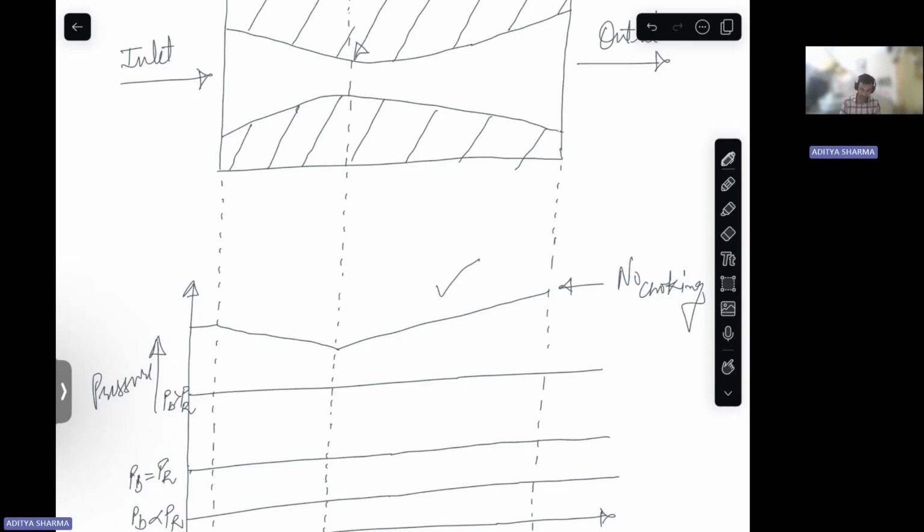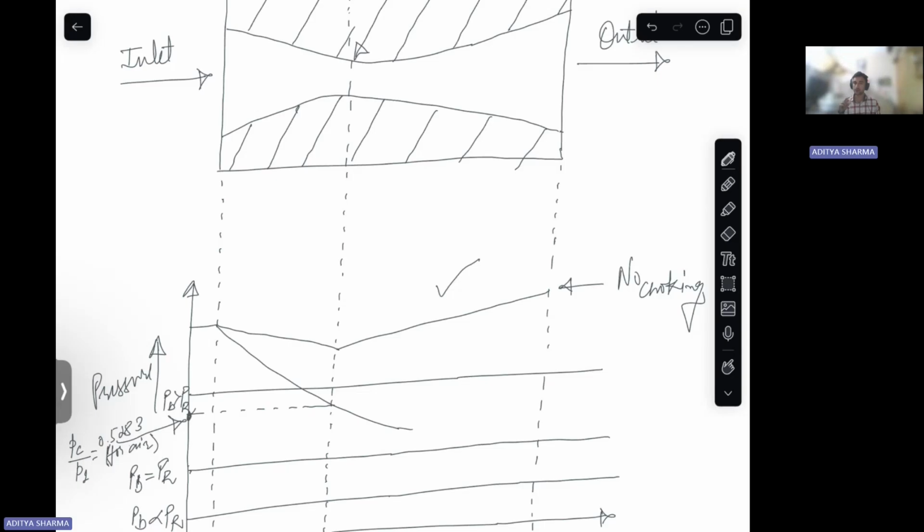But then there is another case where you will see that it will cross the throat and your pressure is still reducing.